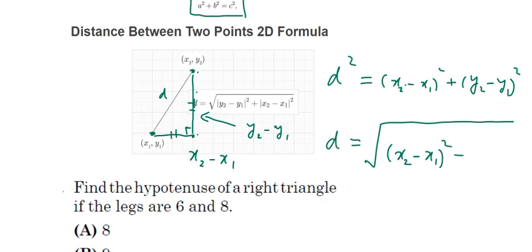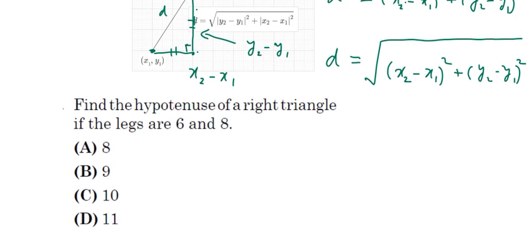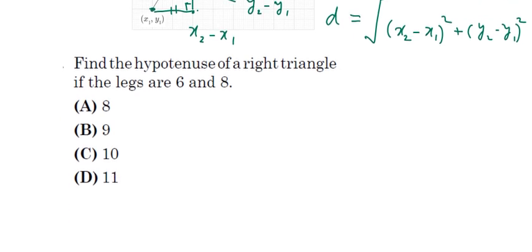This is the distance formula between two points. So if we are given two points, then we can find the distance. So A squared plus B squared equals C squared is a really important, fundamental foundation.